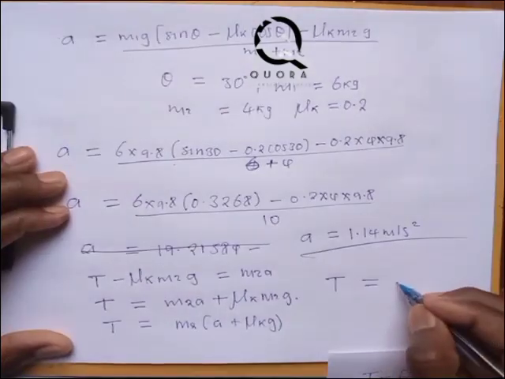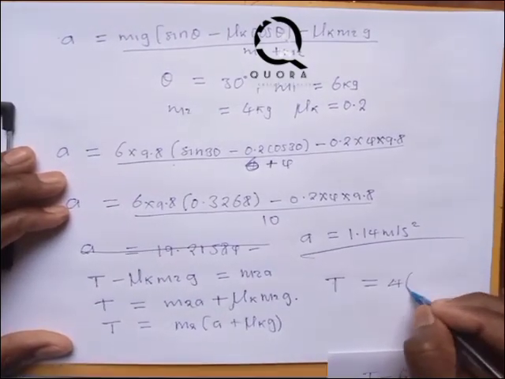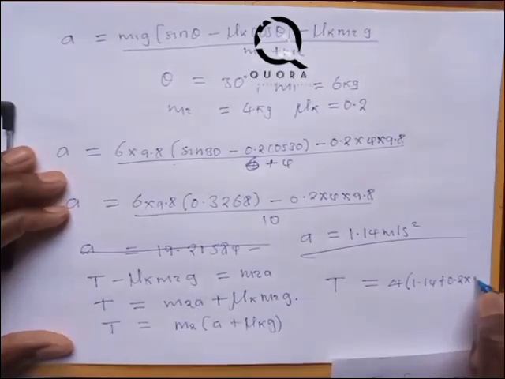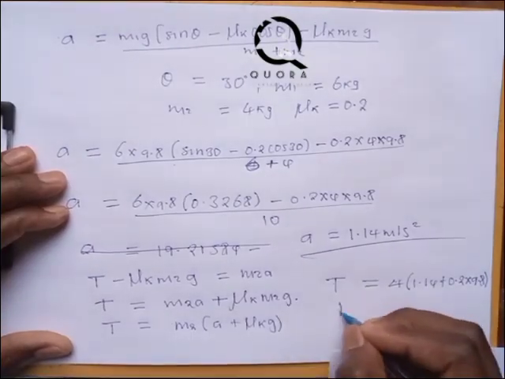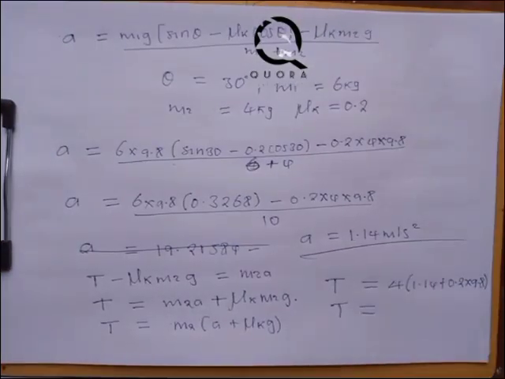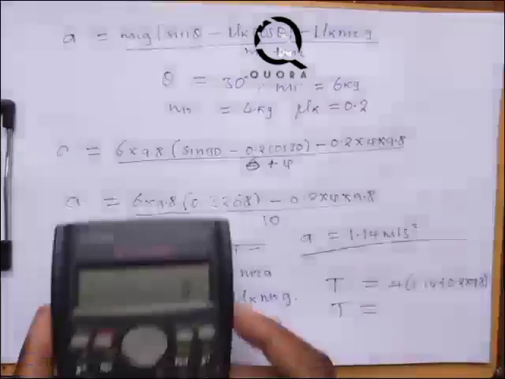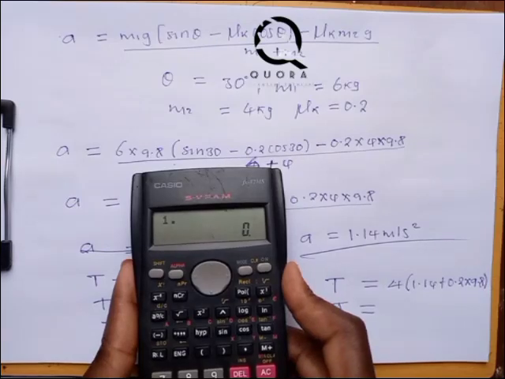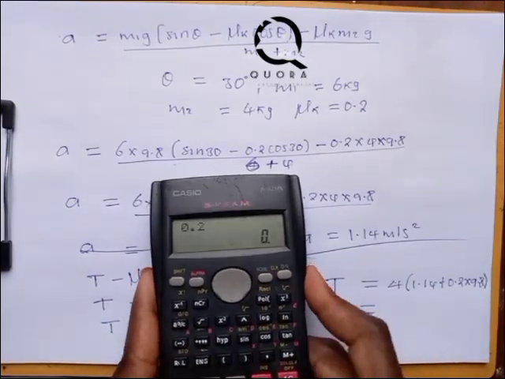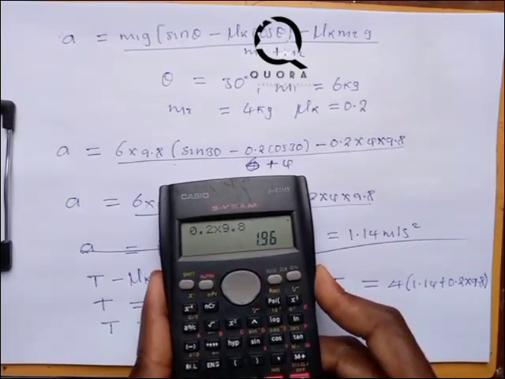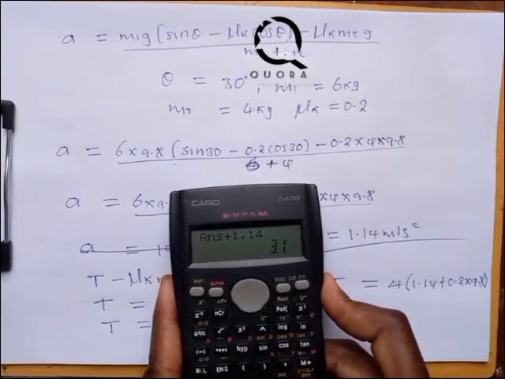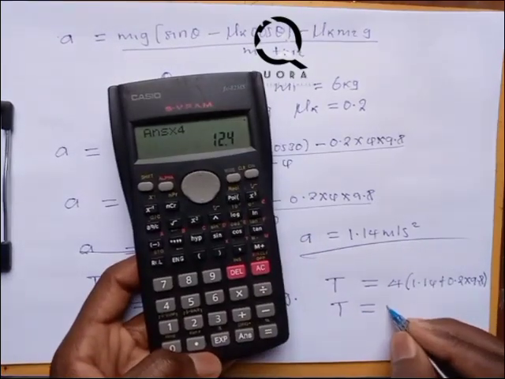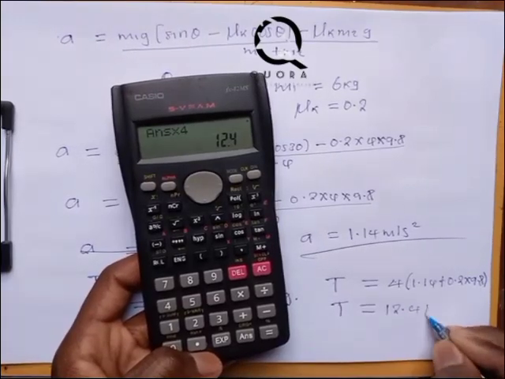So we are going to have 4 open 1.14 plus 0.2 multiplied by 9.8. Calculator is there. I'll say 0.2 multiplied by 9.8, plus 1.14, and now I'll multiply this by 4. What answer are we going to get? We are getting the tension to be 12.4 newtons.